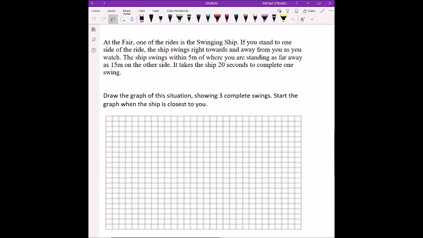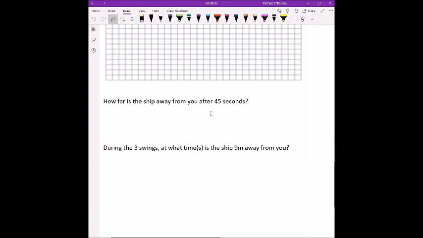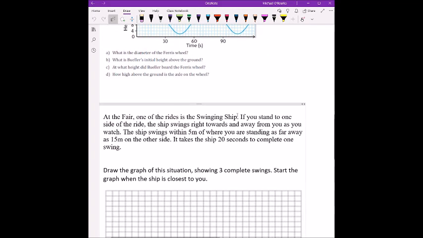Thank you, Trin. I want you to try to draw out that diagram of it's actually a swinging ship this time. Do you guys know what I mean by a swinging ship? Have you guys seen that?